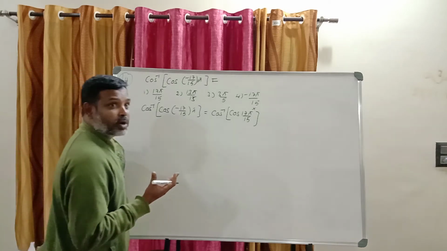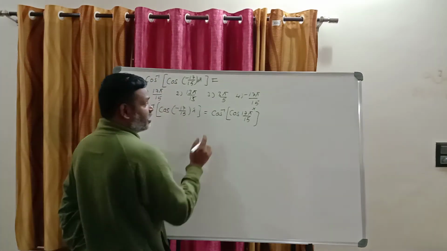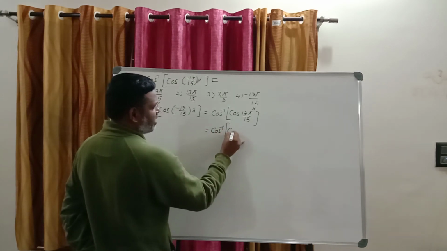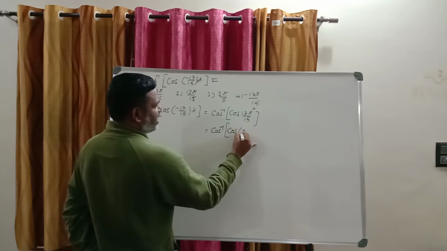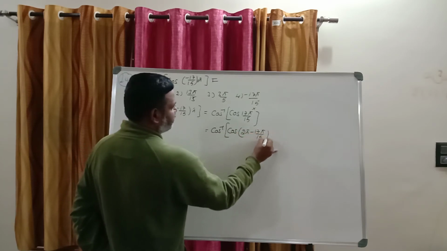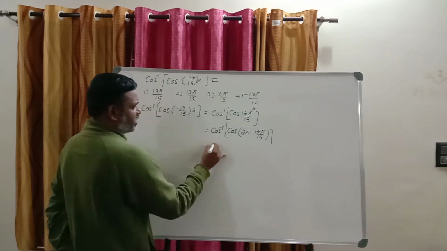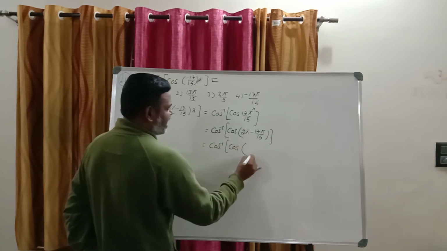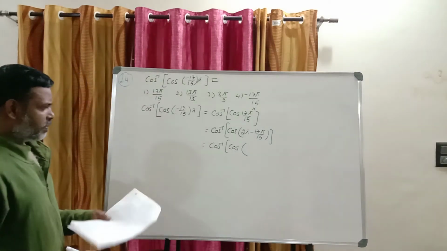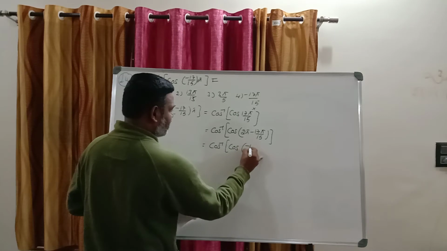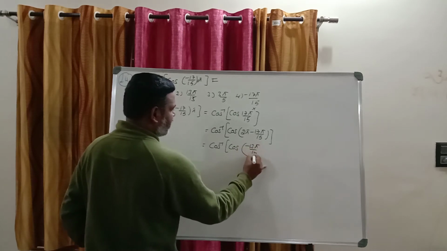It is out of the range, so we must convert it. Cos is positive, so we can write it like this: cos inverse of, without changing the function, cos of this can be taken as 2 pi minus 17 pi divided by 15. Can I take it like this? Taking the LCM, that becomes minus 13 pi divided by 15.